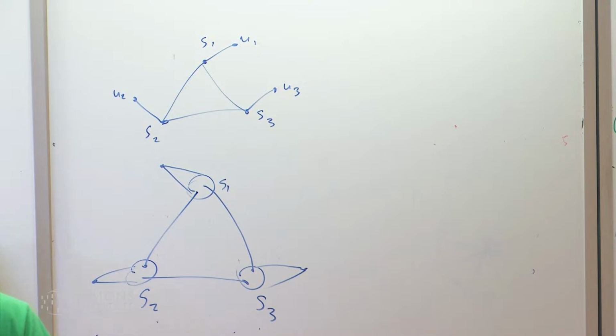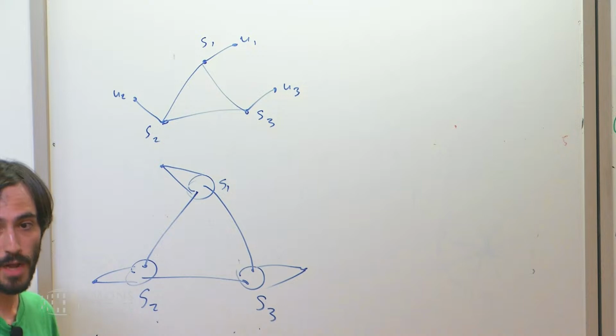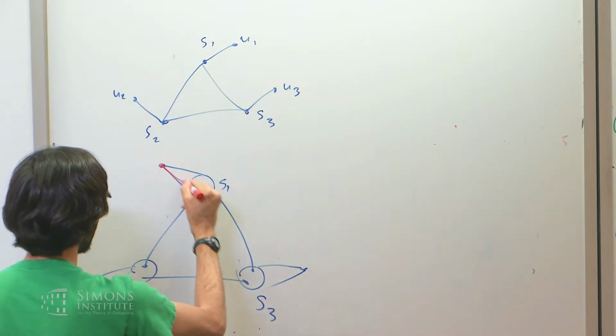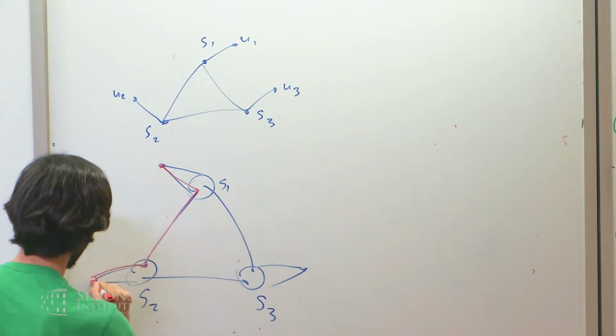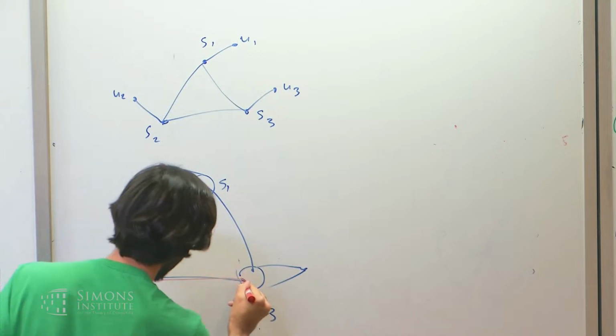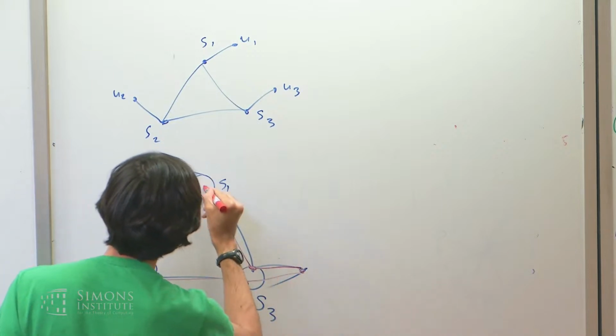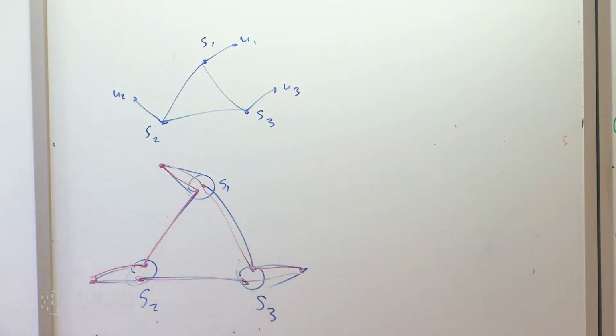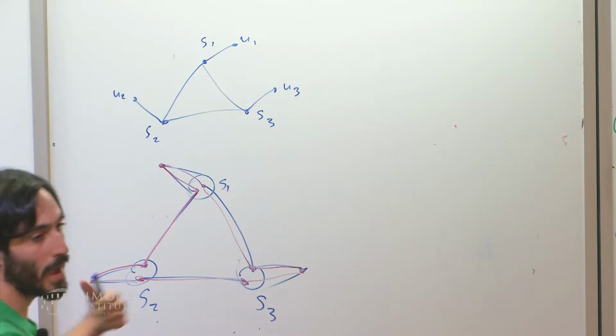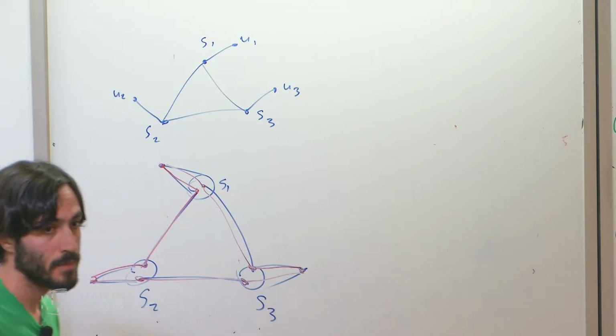Now you can see, hopefully, that I've just discovered a C9 in the original graph, because I can go 1, 2, 3, 4, 5, 6, 7, 8, 9, and I've closed the C9. So a triangle downstairs gives me a C9 upstairs, which is why the thing downstairs is triangle free.